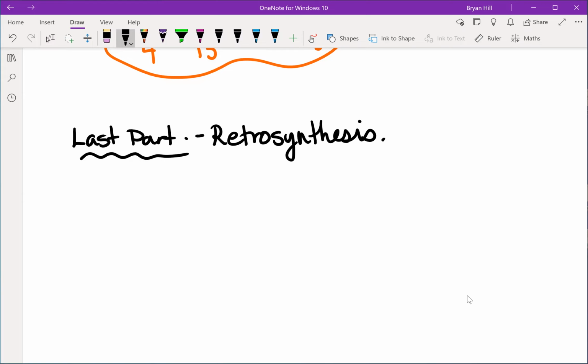So the last little bit deals with instances where you've got, draw a little circle here.